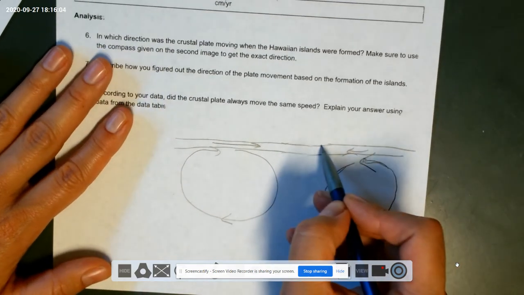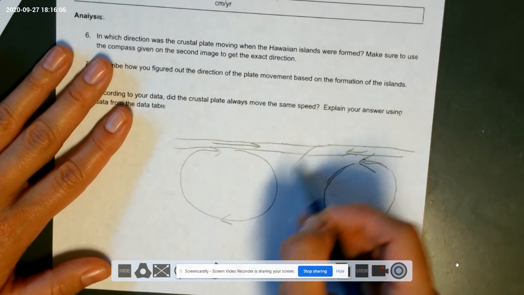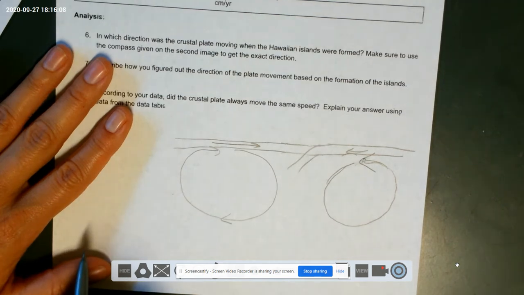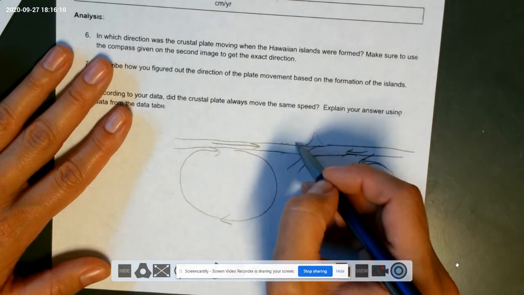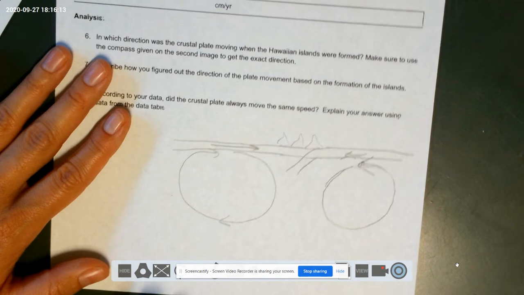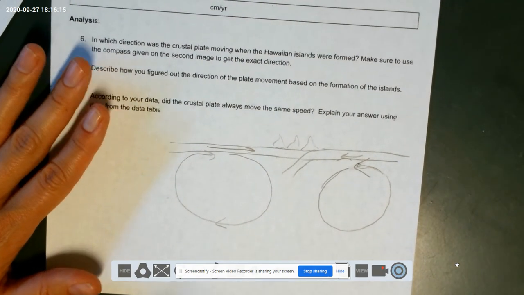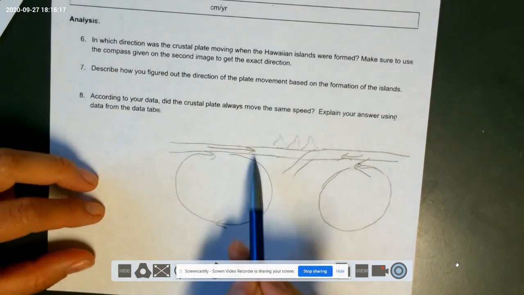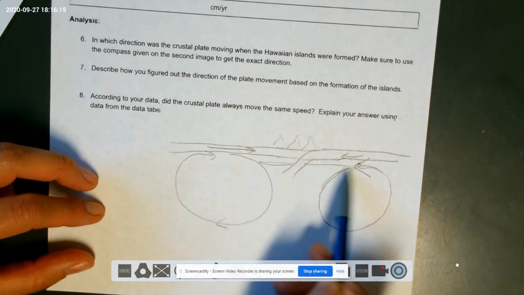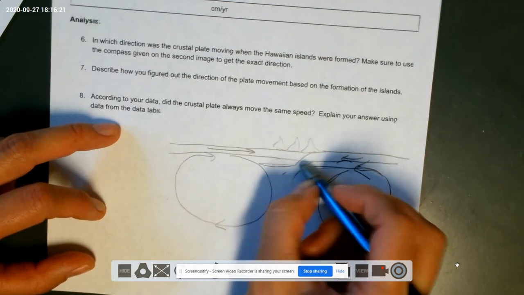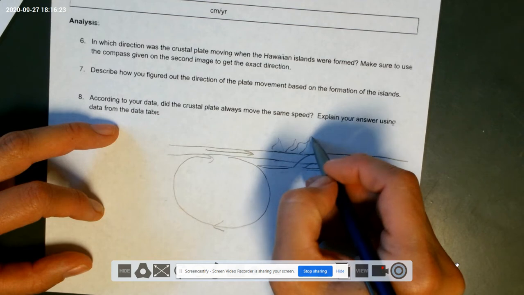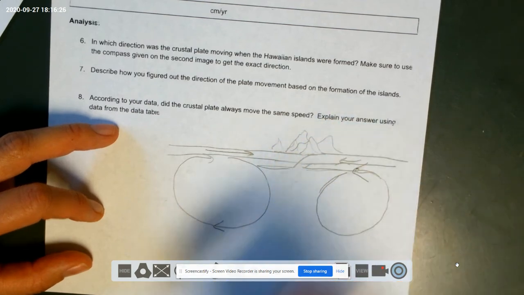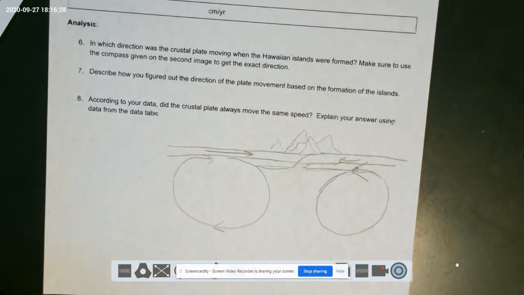And usually, depending on what type of plate, one plate will subduct under the other, and you'll get mountains and volcanoes, okay? And sometimes, if they're two big pieces of continental crust, if they're big, thick plates, they don't subduct. And that's when you get big mountains that aren't volcanoes, like Mount Everest in the Himalayas and the Swiss Alps, the Matterhorn, okay?